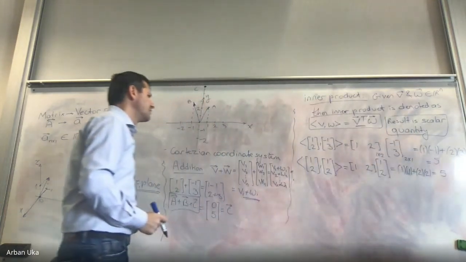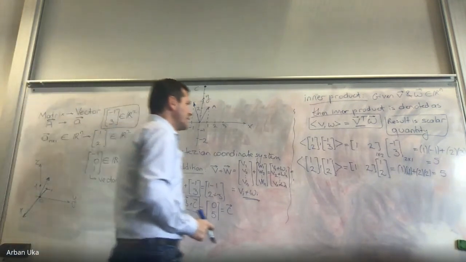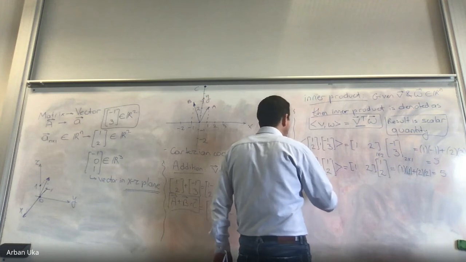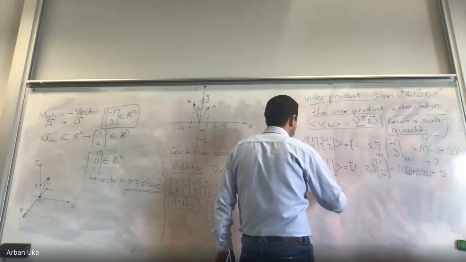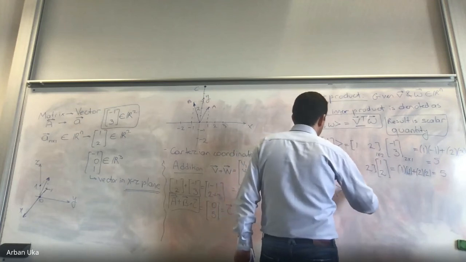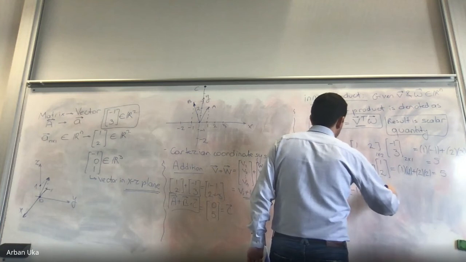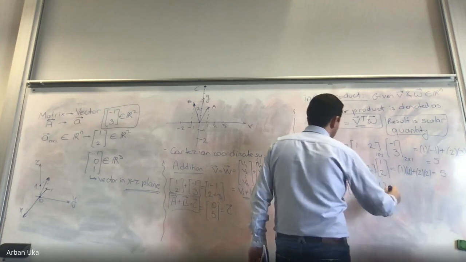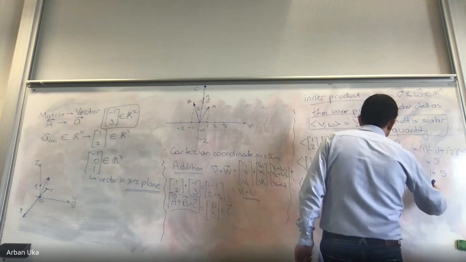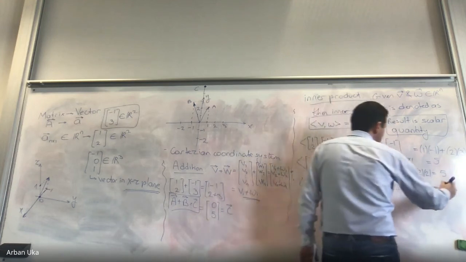Okay. Here we get another 5. And the inner product of (-1, 3) with itself, we get 10. That's it.